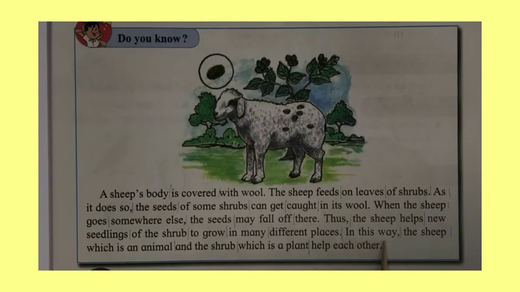In this way, the sheep, which is an animal, and the shrub, which is a plant, help each other.